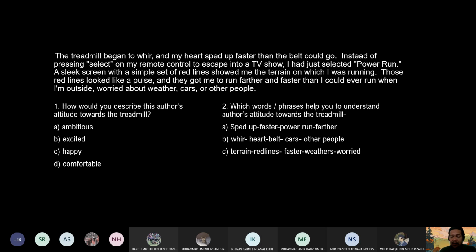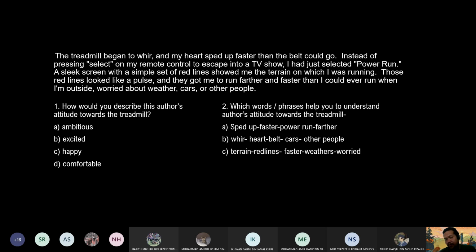Okay, in question number 2, which word helps you to understand the attitude of the author? A, B, or C? Of course, the positivity, because you talk about excited. A, B, or C? A, very good. Speed up, faster, power run, and farther.